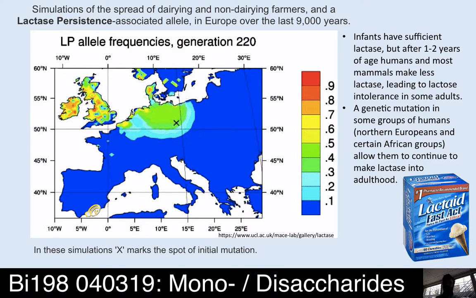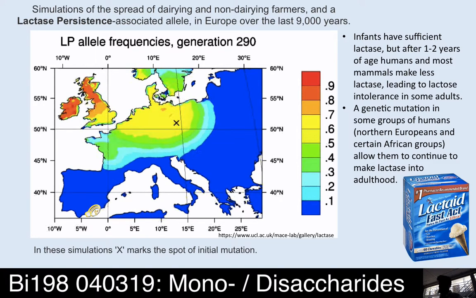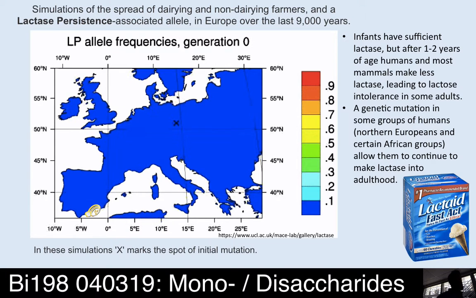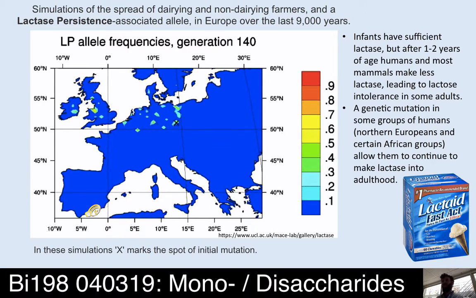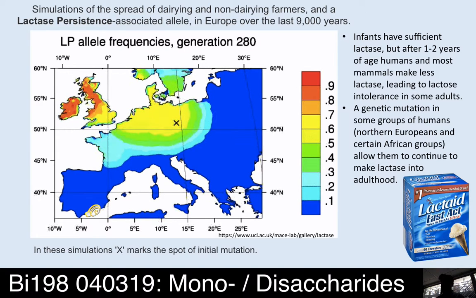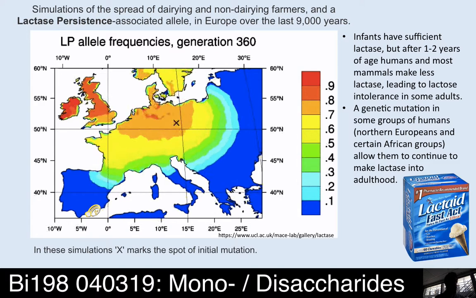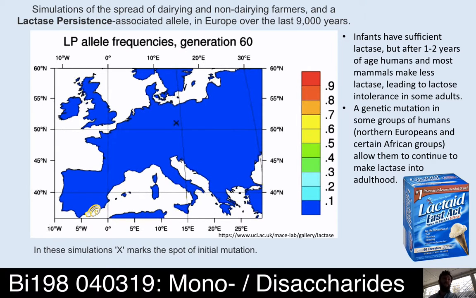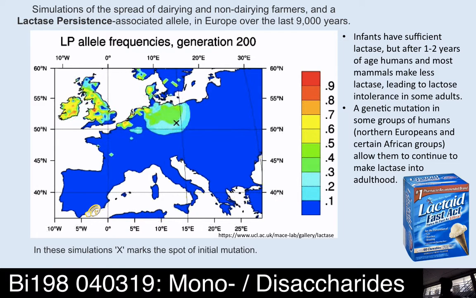Prior to about 10,000 years ago, everyone on Earth at about the age of 5 stopped making the lactase enzyme. Your body just didn't make it anymore. All right? You didn't need to make an enzyme when you weren't drinking milk.